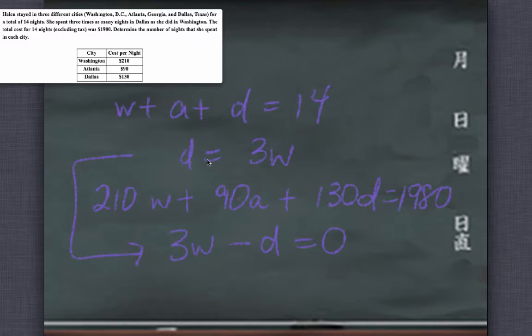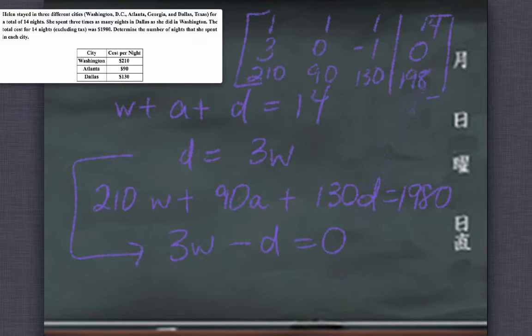So now we need to write this as an augmented matrix. And again, normally we put them in alphabetical order, but because these are listed WAD every single time and I didn't name them XYZ, I'm going to have it just in this order here. So 1, 1, 1, that's 14. 3, 0, negative 1 is 0, so that's this line here. And then 210, 90, 130 is 1980.